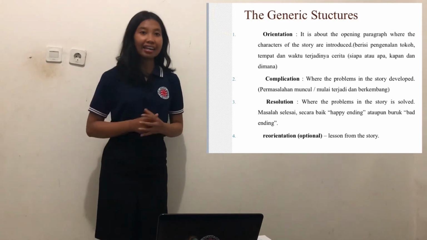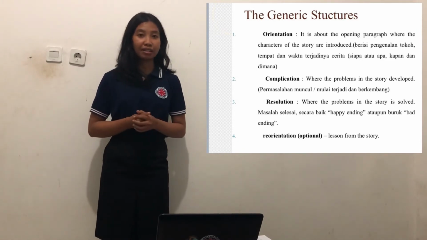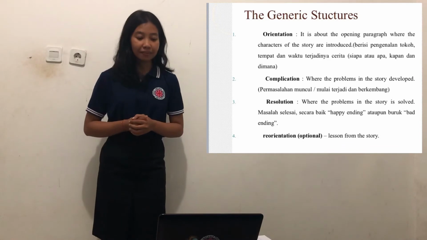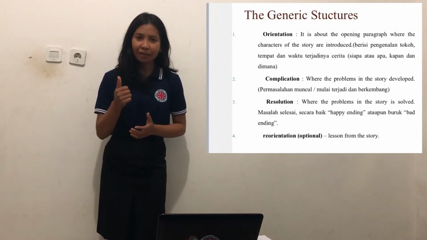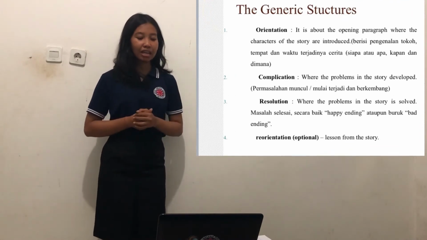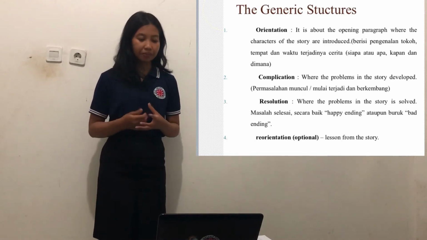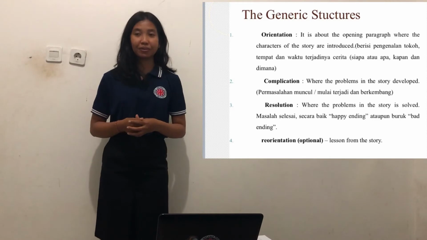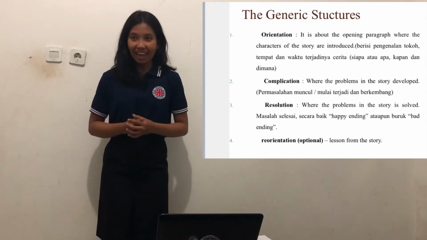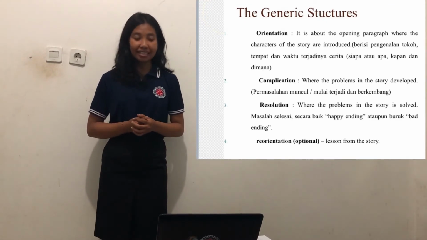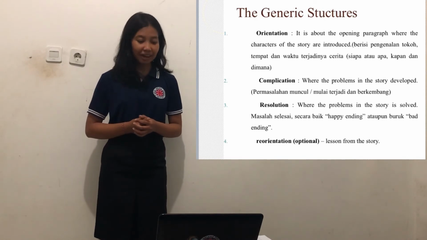Okay, Aris, would you like to explain the meaning of complication? Where the problem in the story develops. Correct. Complication is where the problems in the story develop. Resolution. Okay, Ayu, would you like to explain it? Where the problem in the story is solved, ma'am.